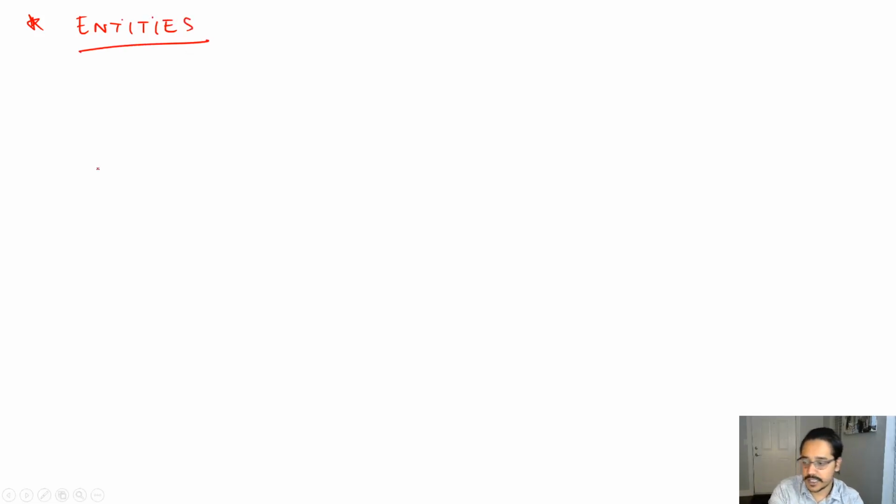Okay, so the different types of entities that you can have within the ERM model. There are two types of entities that you can have.